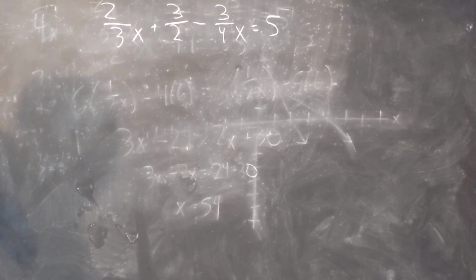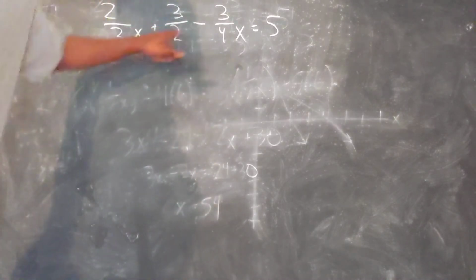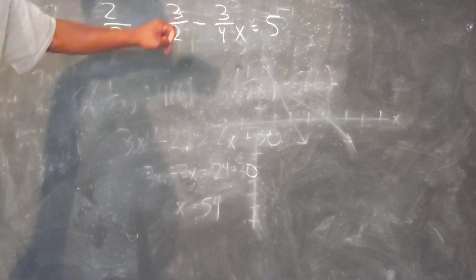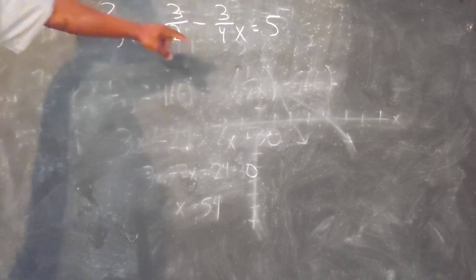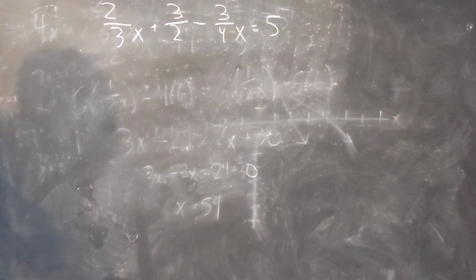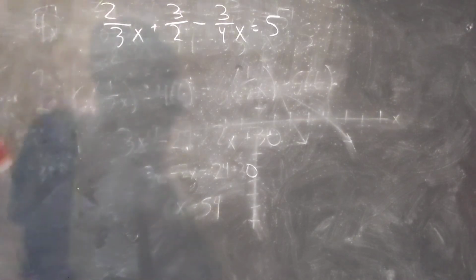That would be 12. Now remember, before when we just had 3 and 2, we used 6, but 4 won't go into 6. So we have 12. So now I'm going to multiply everything through by 12.